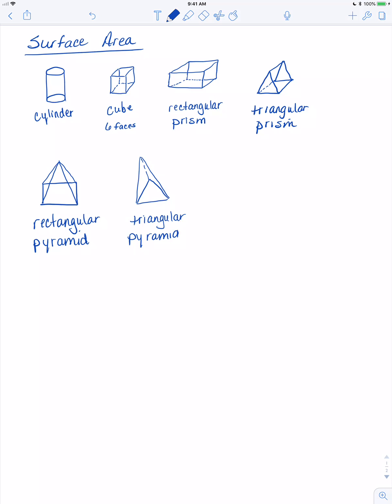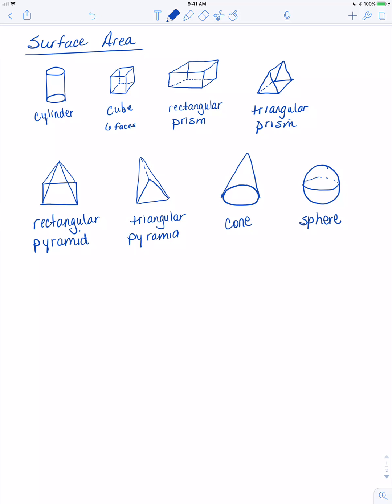And you can also have cones, which have a circle for their bottom, their base shape. And then you also can have a sphere, like a basketball would be a sphere. All right, so you're really looking to see what's that base shape that is for that surface area.